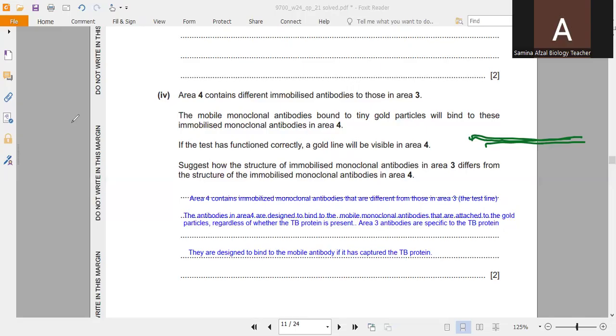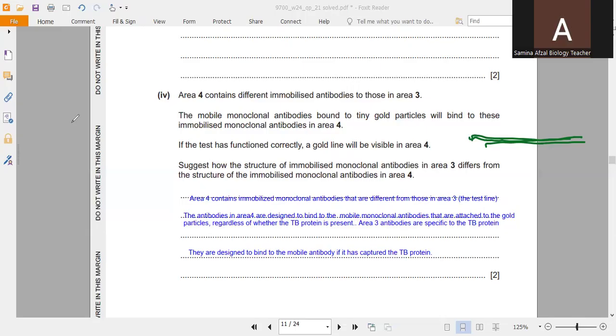Then I would like to explain the difference in antibody structure, how the immobilized antibodies in area 3 differ from those in area 4. The key difference lies in their specificity. Area 3, which is the test line, has antibodies specific to the TB protein. They will only bind to the mobile antibody if it has captured the TB protein.